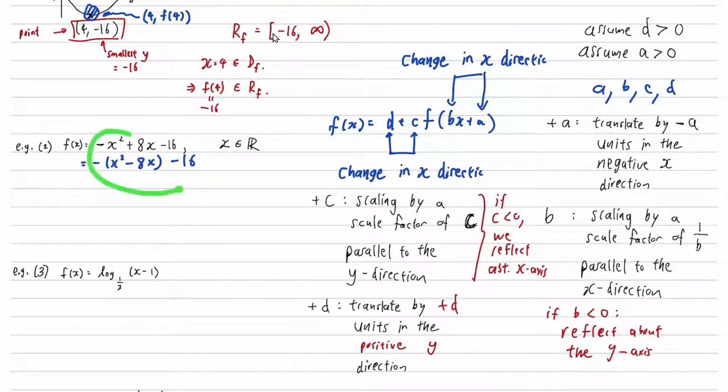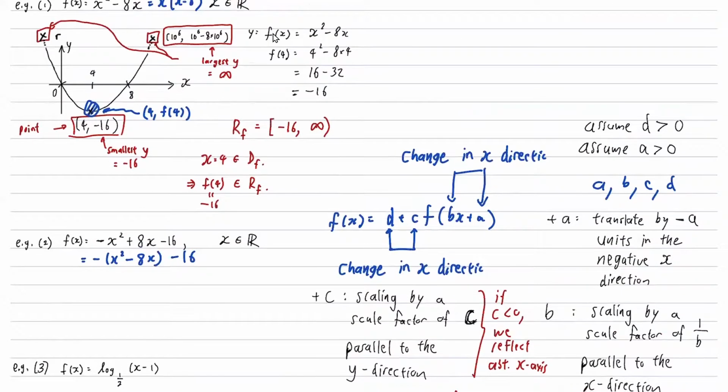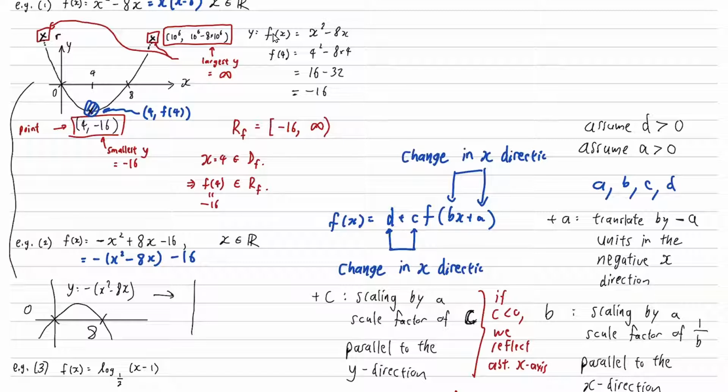So now we can look at this and then we just draw the graph. You reflect it first from the original graph, so we end up with a shape like this. This is y equals minus x squared minus 8x, upside down. Then you shift it down by 16 units.